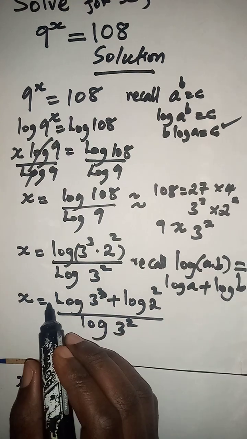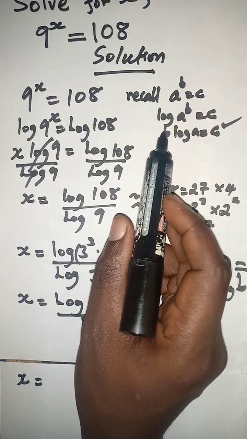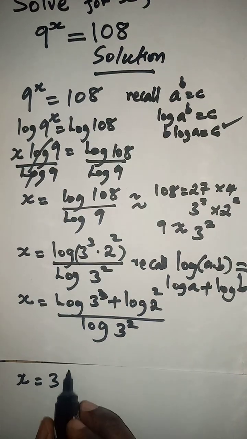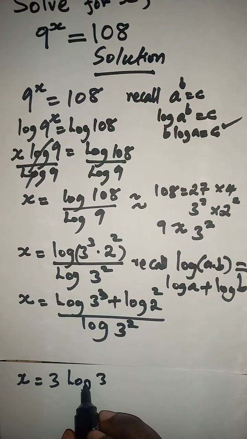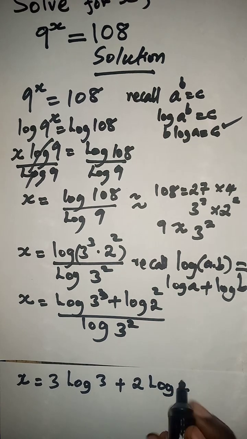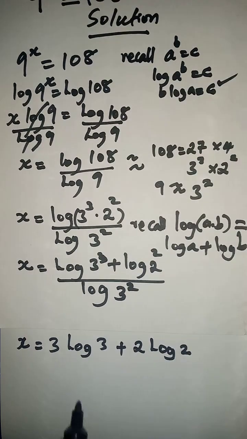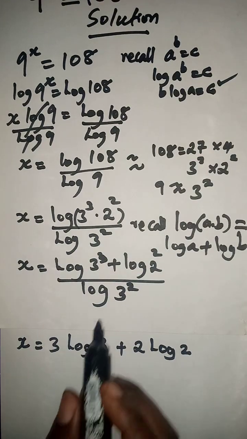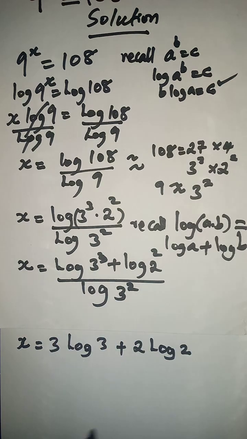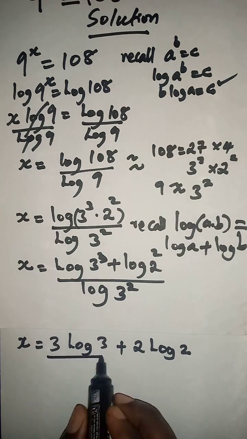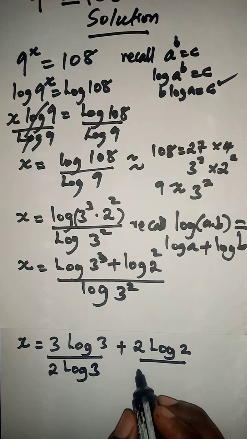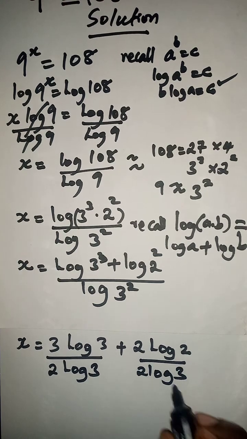this 3 can come down using this relationship so that I have 3 times the log of 3 plus 2 times the log of 2. And then, since they have a single denominator, it can be separated as each having that denominator like that, 2 times the log of 3.